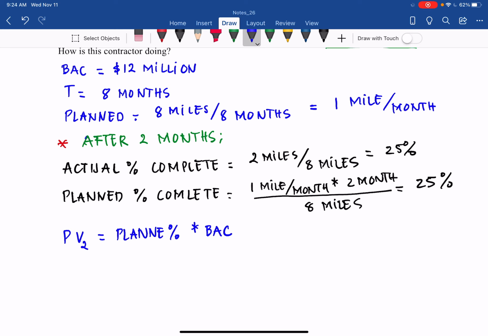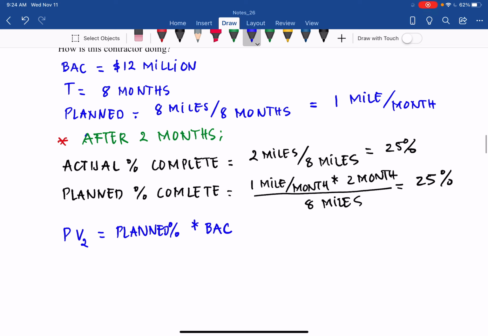Again, go back to review the previous lesson. The plan is 25% and the total budget is 12 million, so we find that it's 3 million.